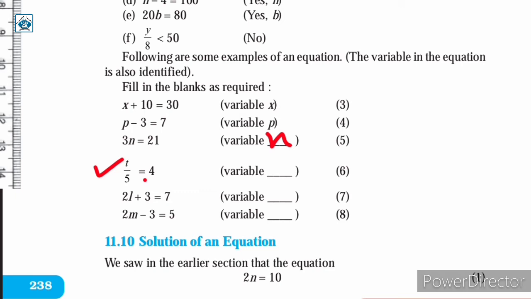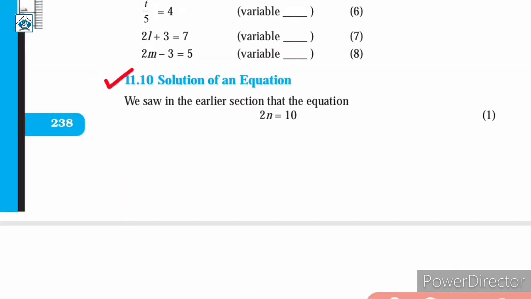So this is an equation, and here we can see the variable t. Therefore, this is an equation in the variable t. Here we can see that there is a variable L, and here 2m minus 3 is equal to 5 में we can see that the variable is m. So we can easily identify the variables in the given equations.